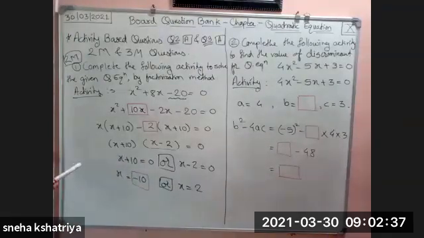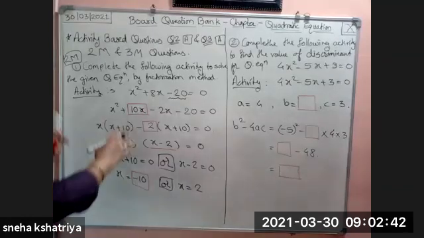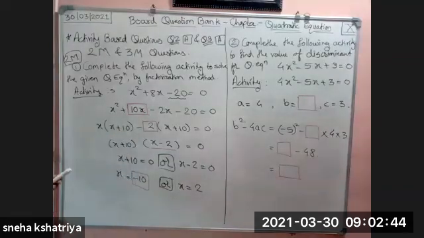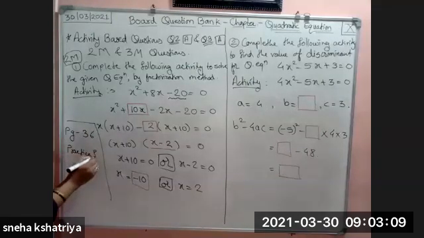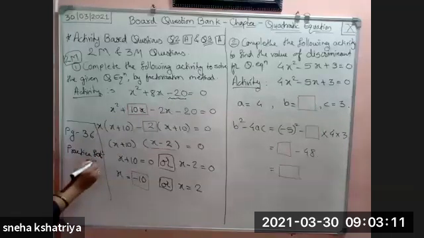Now see here, as they have told you that this is the question bank, it doesn't mean that the same question will come in the exam. This question is not from your textbook, but the same kind of example is from your textbook. See your page number 36, practice set 2.2.